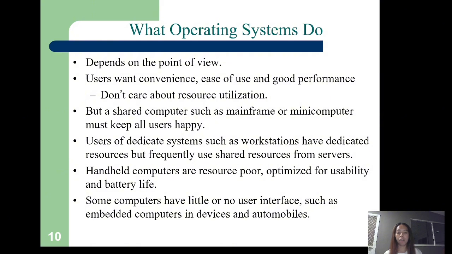Some computers have little or no user interface, such as embedded computers in devices and automobiles.